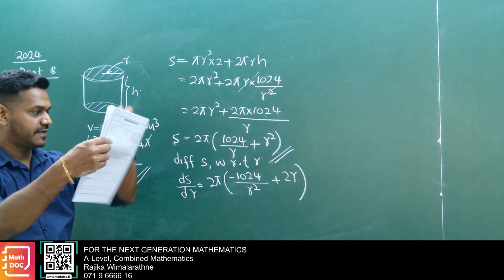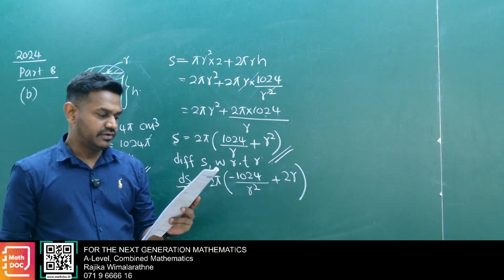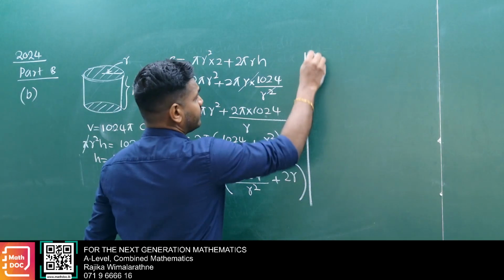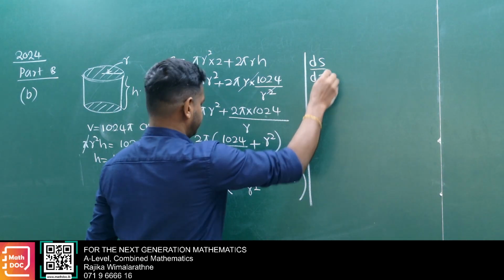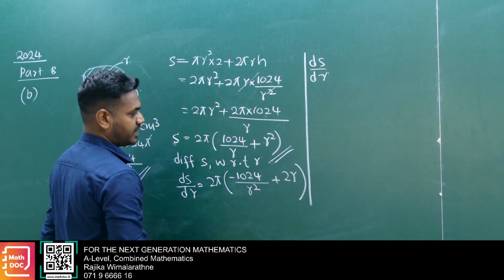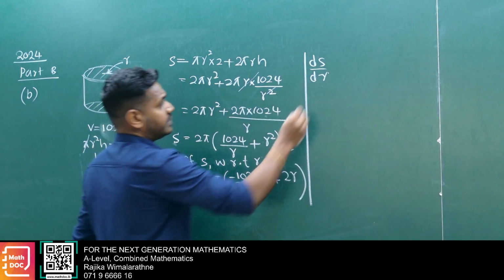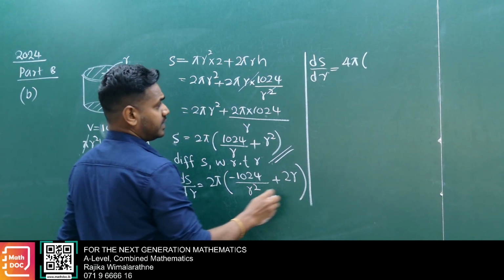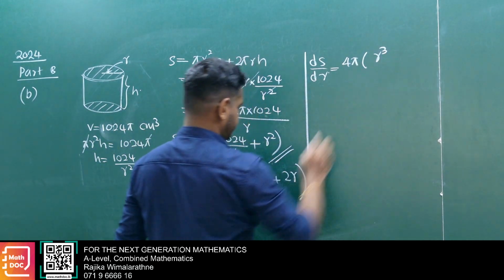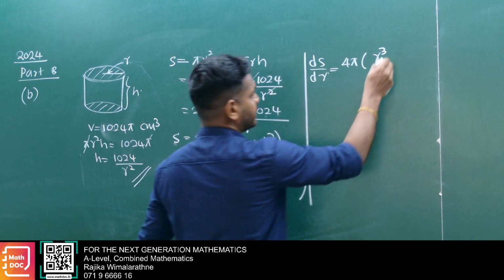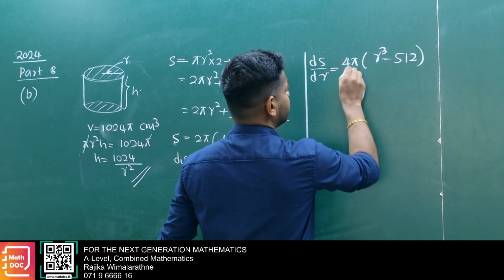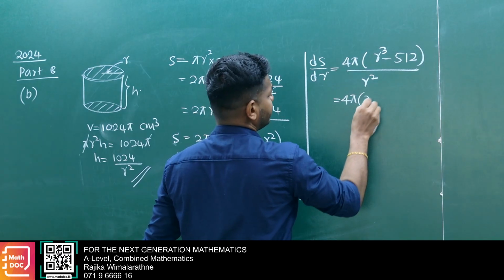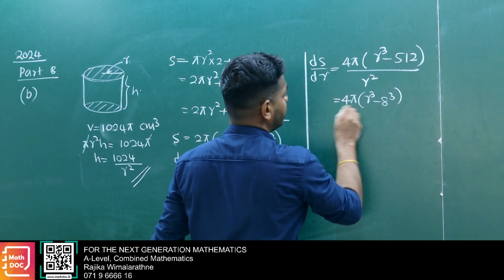Now simplify ds divided by dr. Get a common denominator and take 2 outside: 4 pi times r cubed minus 512 over r squared, which is 4 pi (r cubed minus 8 cubed) over r squared.